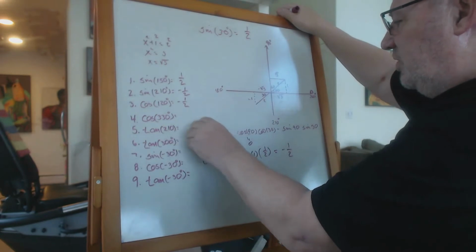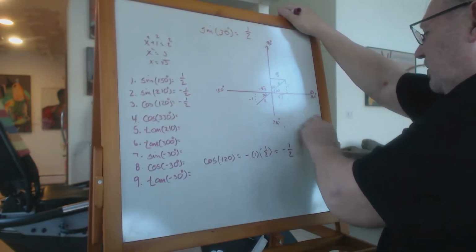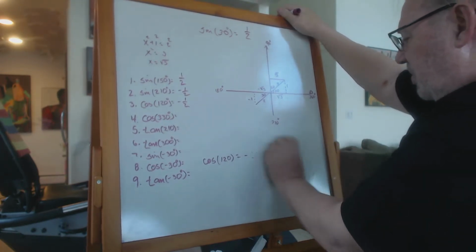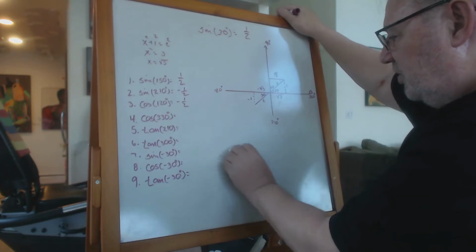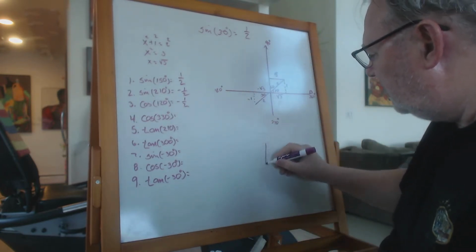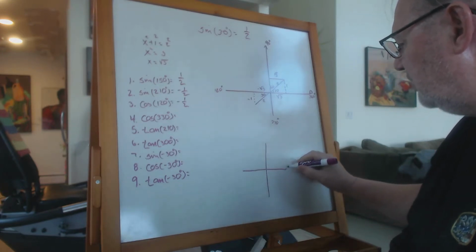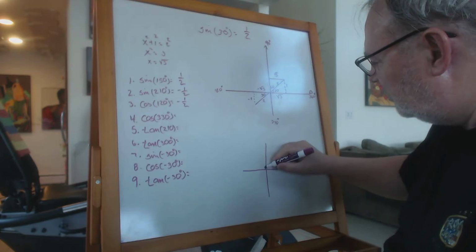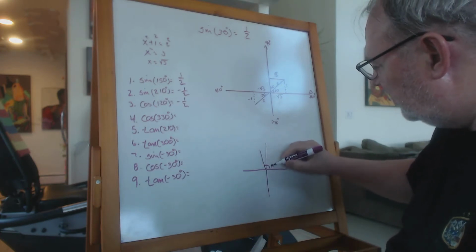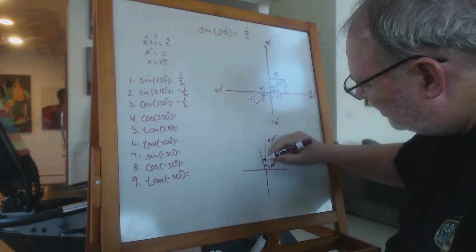Sometimes that's a little easier to use than to try and figure out the angles, because when we look at this cosine of 120, we go like this, and this is 120 here, which is 90 plus 30, so this angle here is 30.